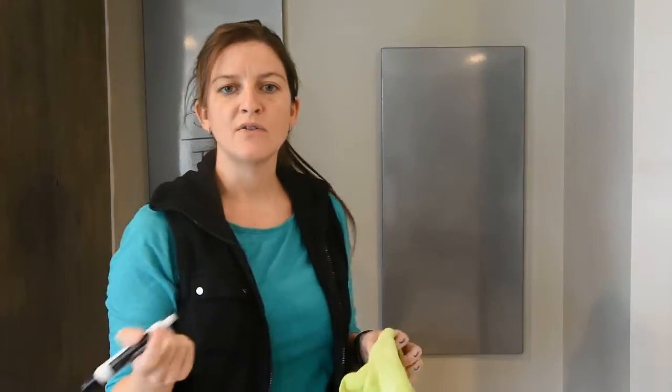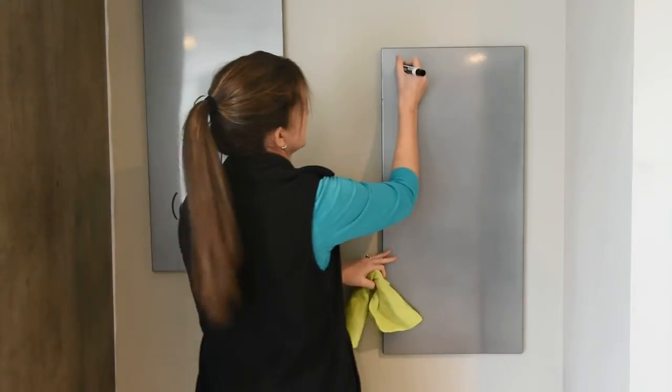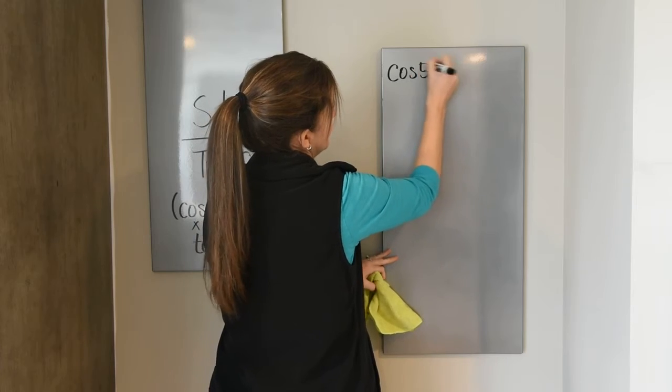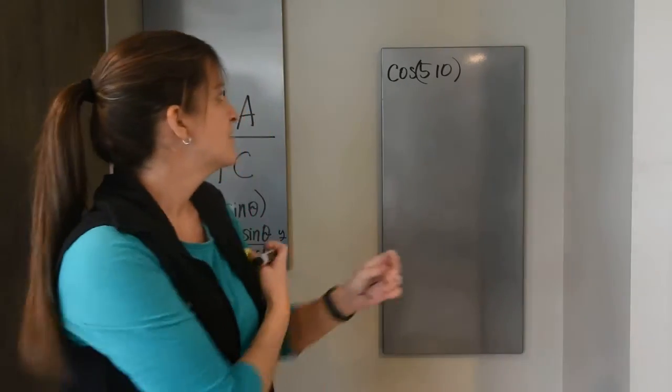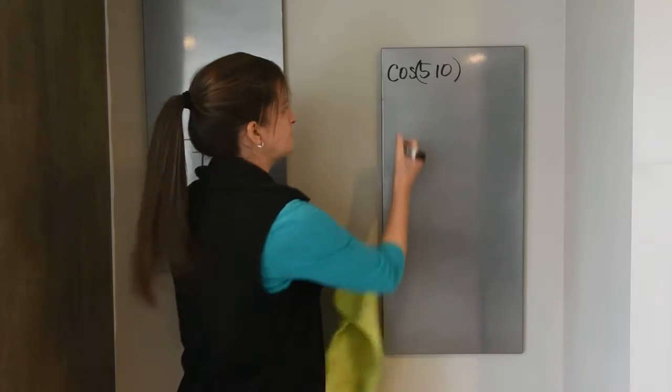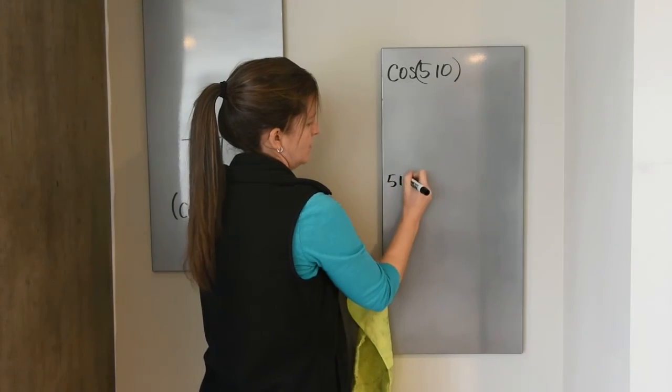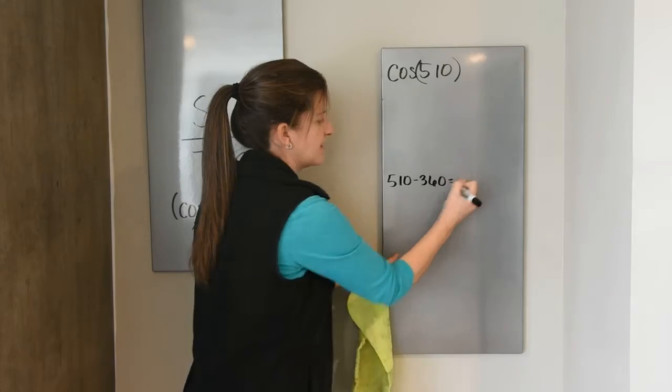Okay, so let's do 510. So cosine of 510 degrees. So 510 degrees, you're going to have to find the reference angle first. So 510, let's subtract 360.